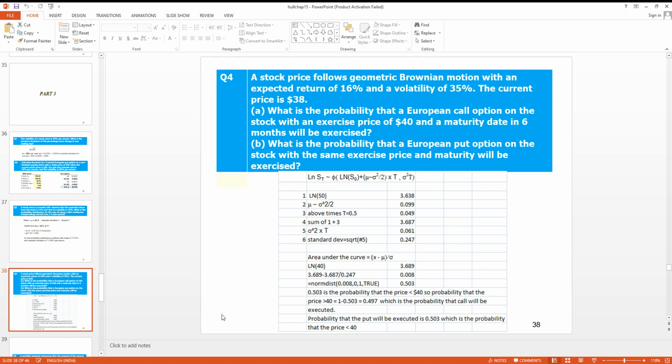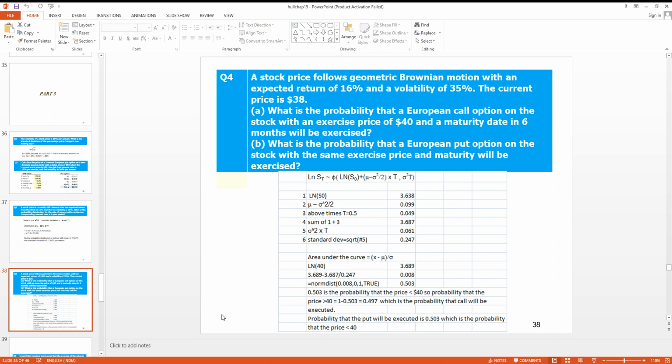So above times t equal to 0.5, which is what you need to multiply mu minus sigma square by 2 times t works out to 0.049. And the sum of these, 1 plus 3, is 3.687, and you get a value with a standard deviation of square root of 0.5, which is basically what you found in point number 5, which is 0.247.